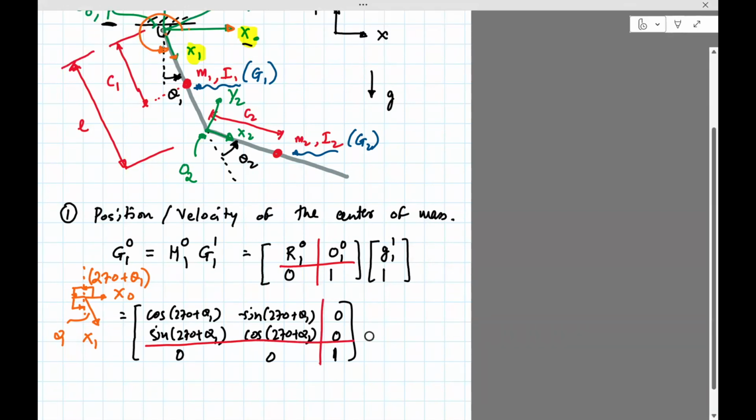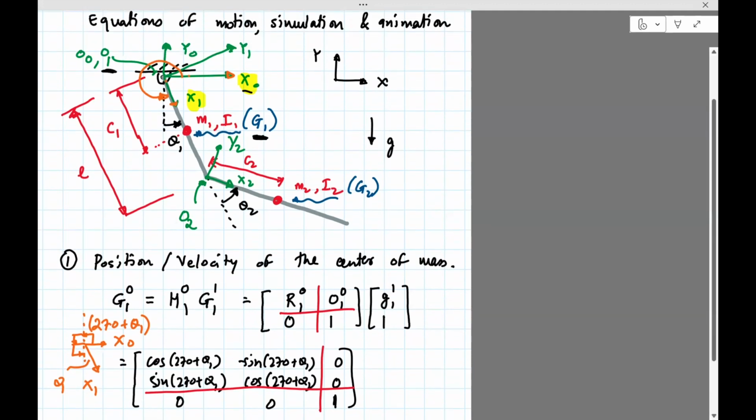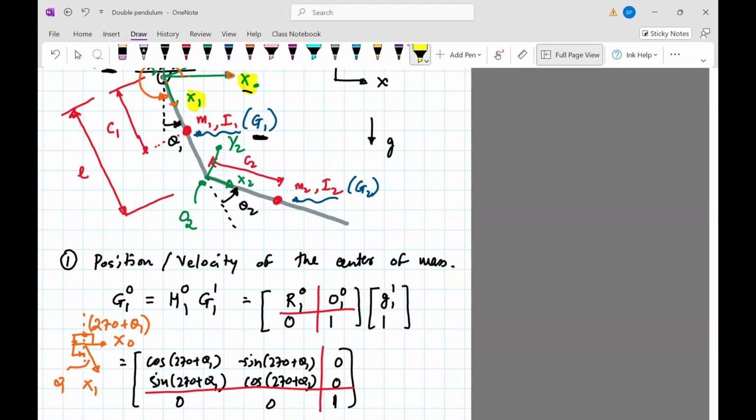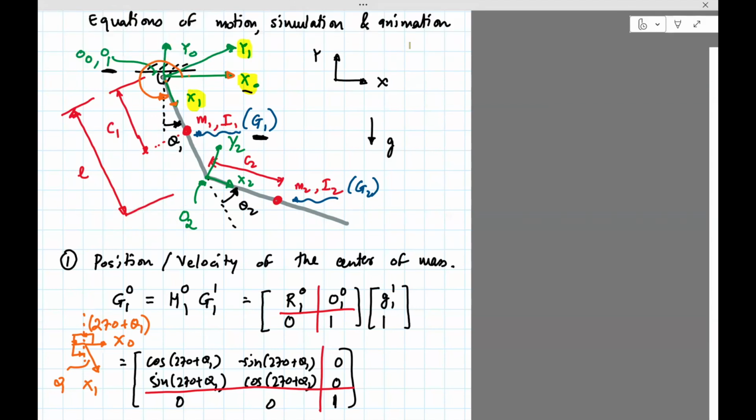Next, I need to compute the position of G1 in frame x1, y1. So x1 is here, y1 is here. What's the position of G1 in that frame? Well, the point G1 is this point. It's along the x1 axis.